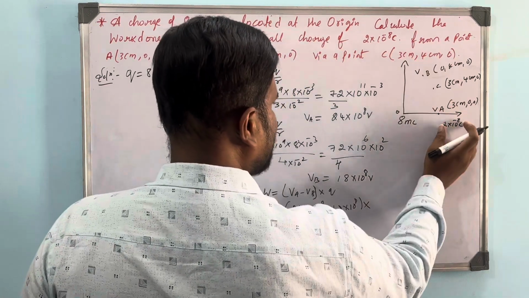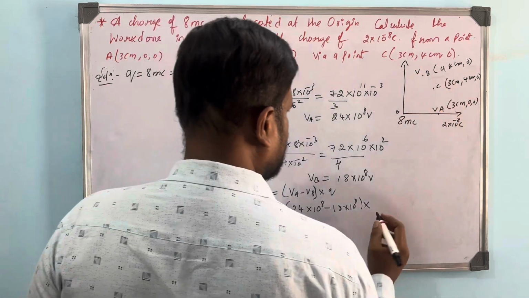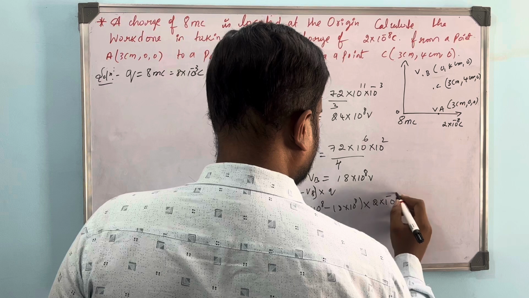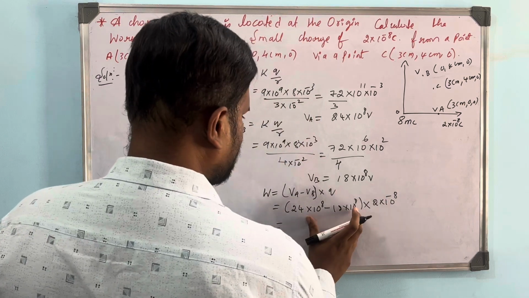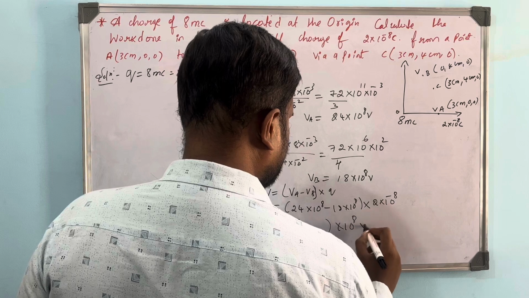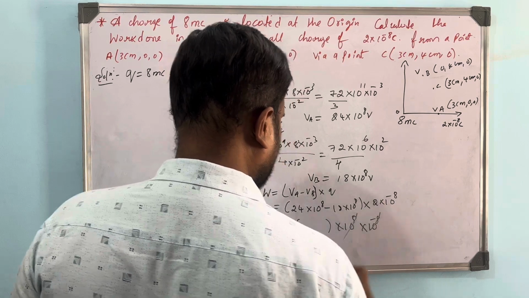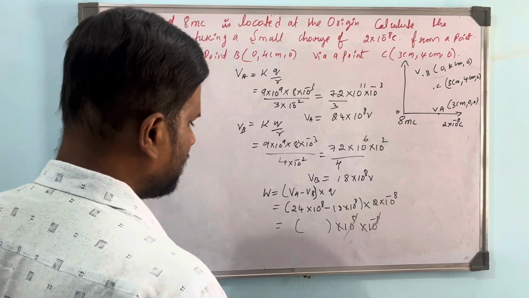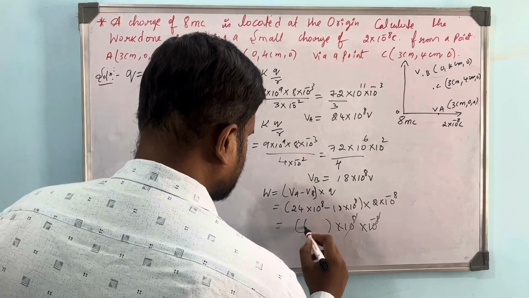We write this charge value because we are moving this charge, so that is 2 into 10 to the power of minus 8. From both these terms, 10 to the power of 8 is common, and with 10 to the power of minus 8 both get cancelled. The remaining is 24 minus 18, which gives 6.